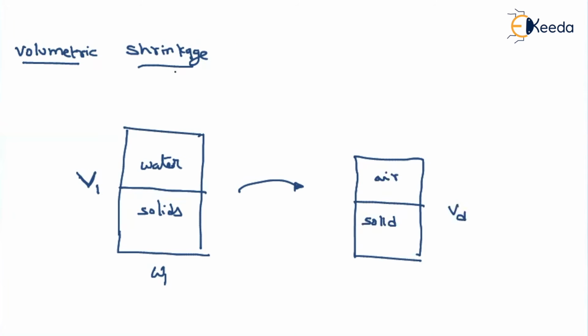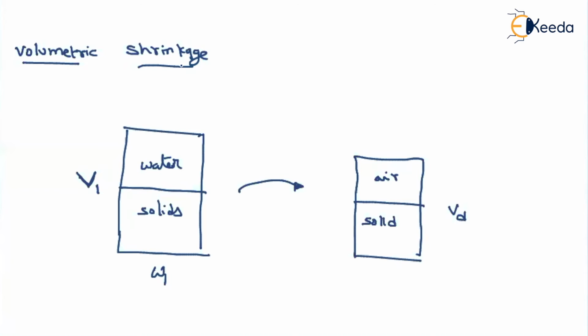So what is meant by volumetric shrinkage? If your water content is above the shrinkage limit, then the volume of the soil sample will increase. By using this relation, we will find the change in volume with respect to the shrinkage limit. That's what is called volumetric shrinkage.